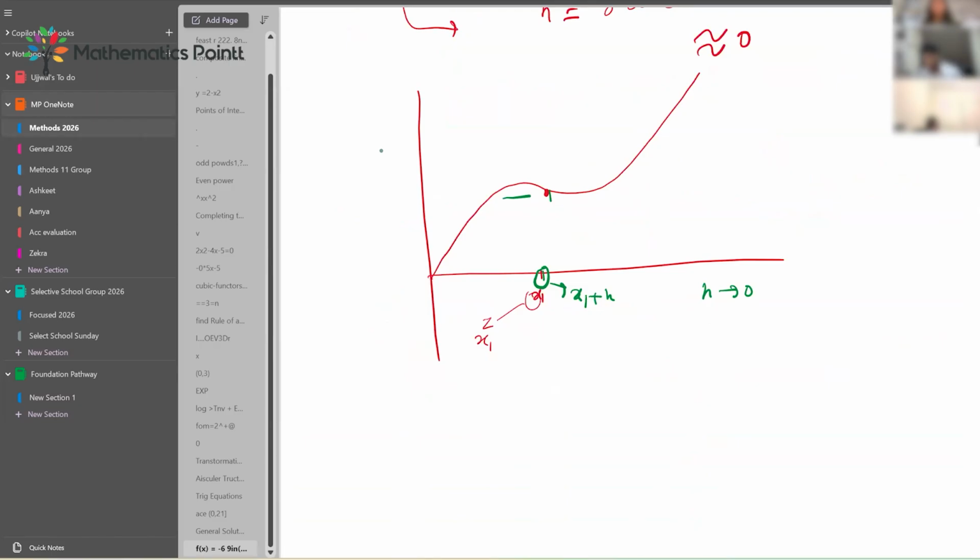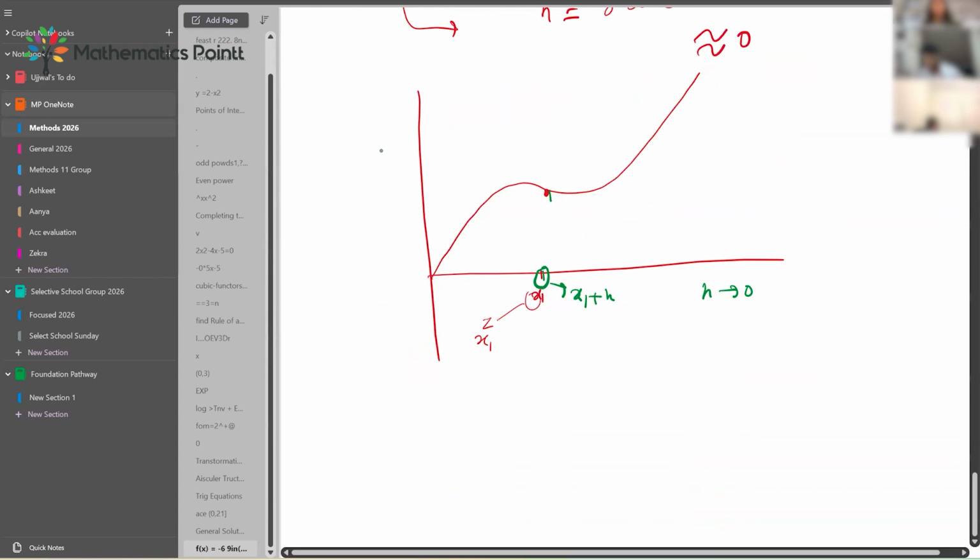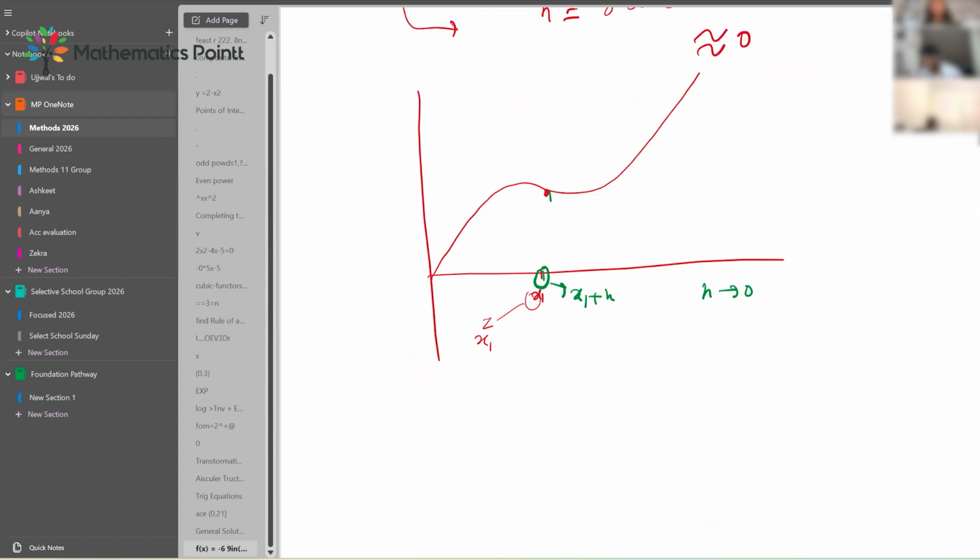So that secant could be, maybe I'll change the color of my pen to draw the secant. Could be. What is happening here? Is this a secant anymore from the normal pair of eyes?